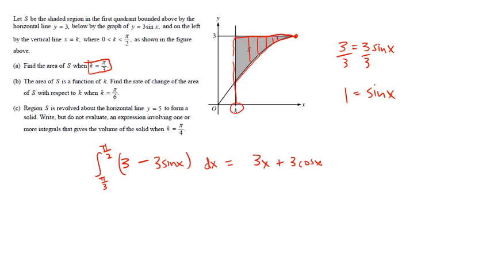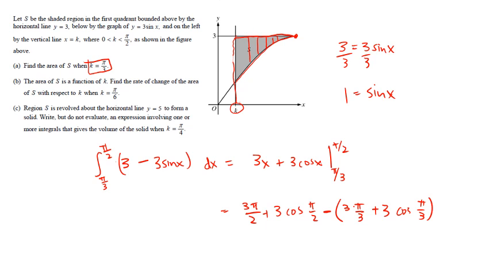So plus 3 cosine x evaluated from pi over 3 to pi over 2. Go ahead and plug in your upper bound, so that's going to be 3 pi divided by 2 plus 3 cosine of pi divided by 2, minus, I'm going to put parentheses so that both of these terms get subtracted, 3 times pi over 3, and then plus 3 cosine of pi over 3.